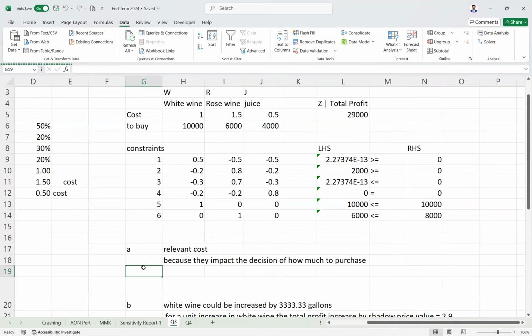The cost has already been utilized, the capital cost, machinery cost, and all. Relevant cost means which is dynamic, which changes, because of which the decision changes. So these are relevant costs because if the gallons purchased are increased or decreased, the profit will change accordingly. That's why it is called relevant cost.